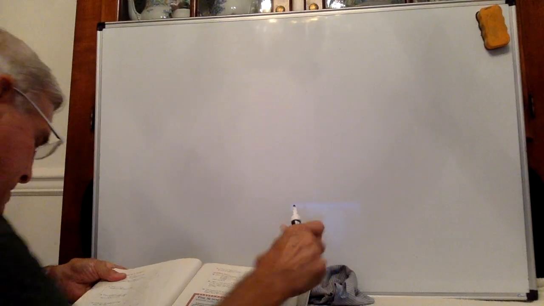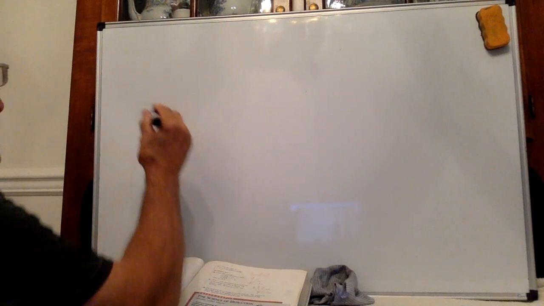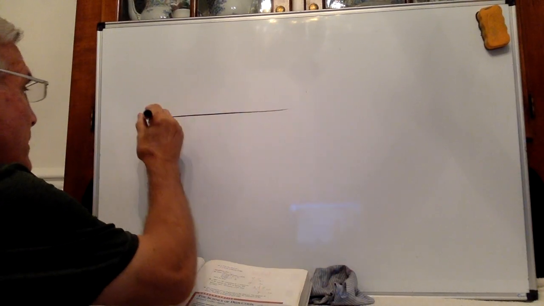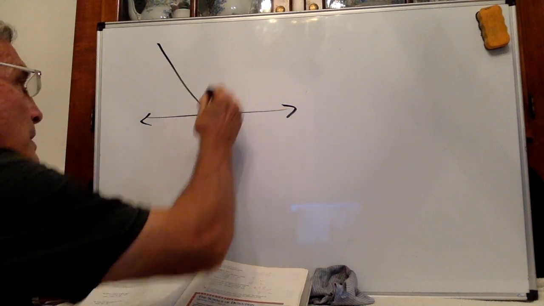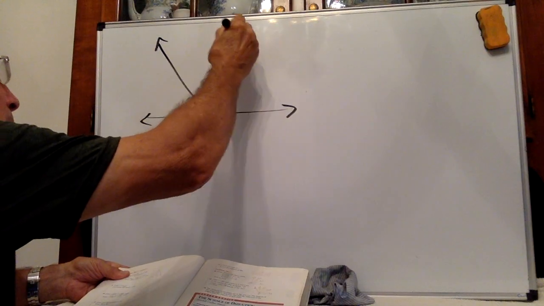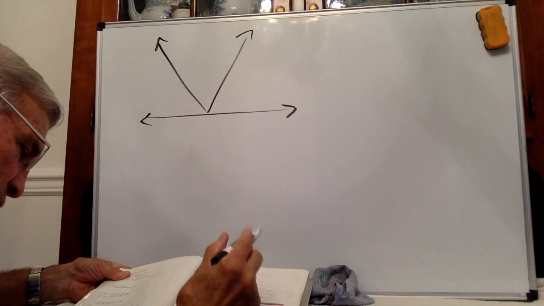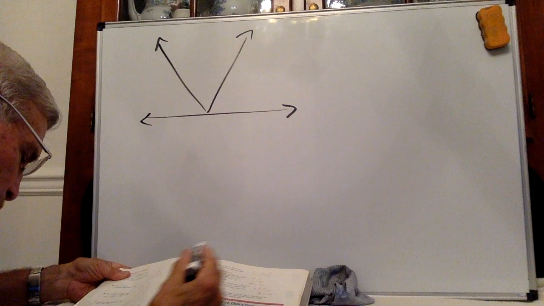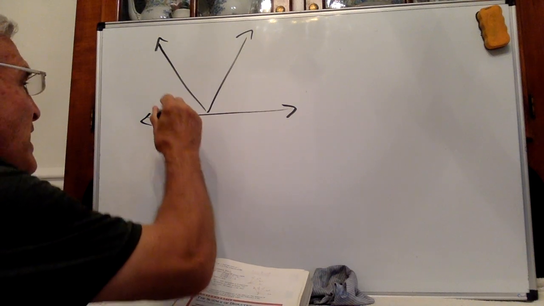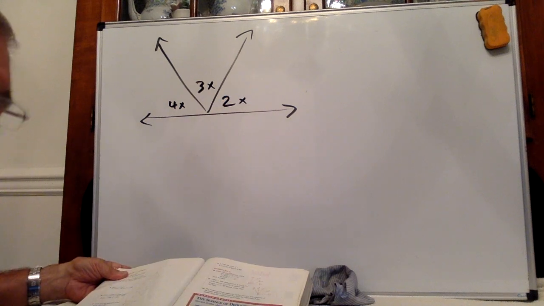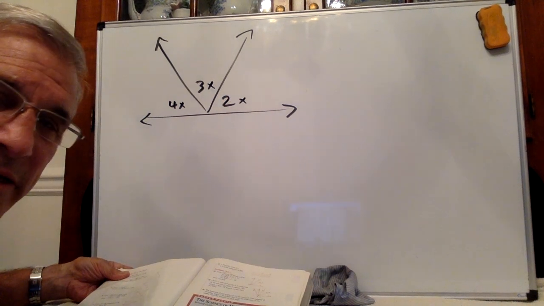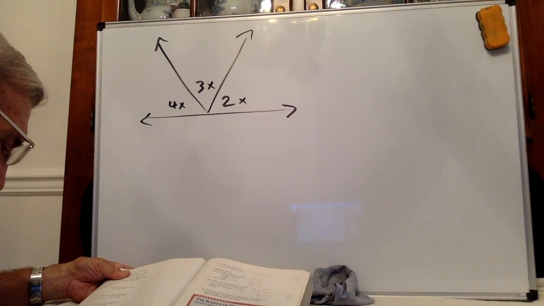In problem number 18, you were given this figure, and you were told 3x, 4x, 3x, and 2x. And again, remember, a drawing is only a visual aid. It does not have to be to scale.